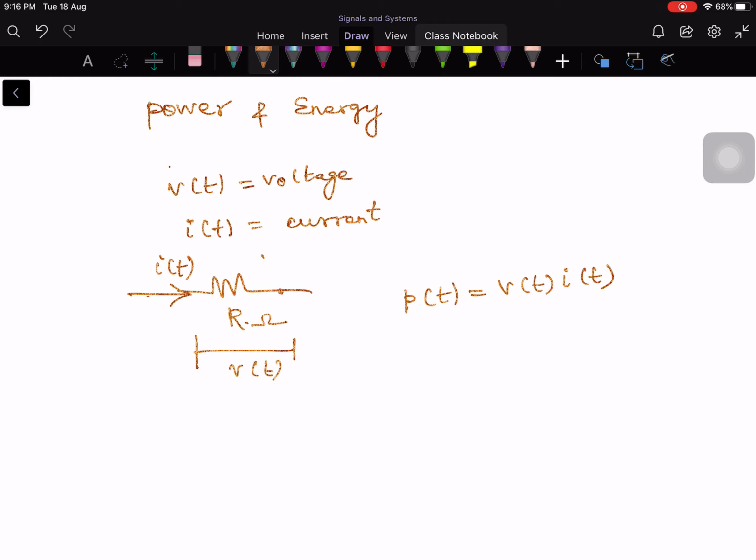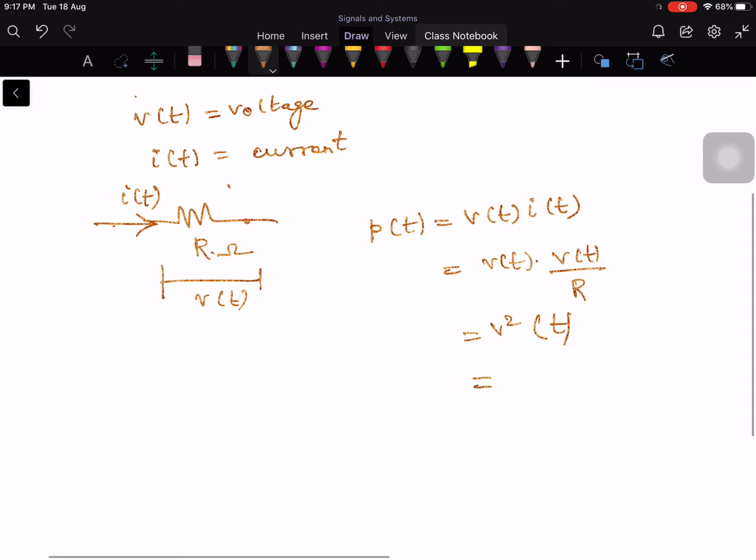From Ohm's law, we know that v equals i times R. Therefore, if we replace i by v of t divided by R, this is v squared of t divided by R. I forgot to divide by R earlier.